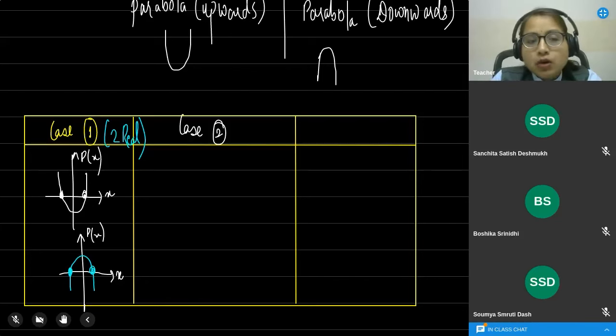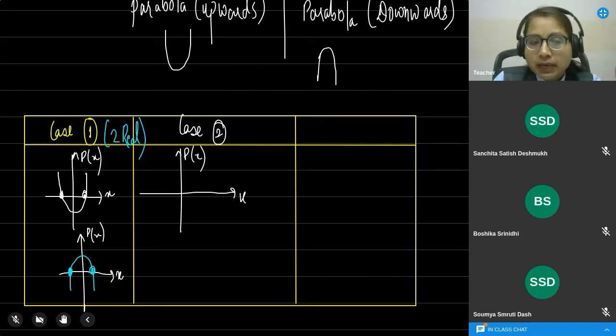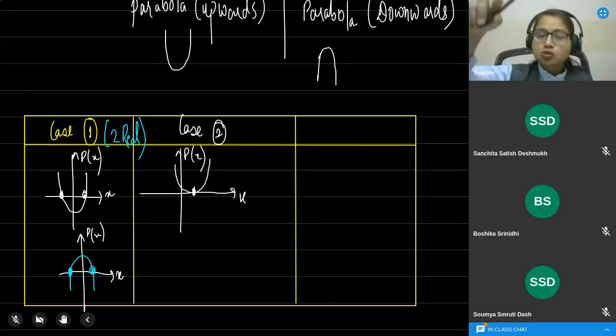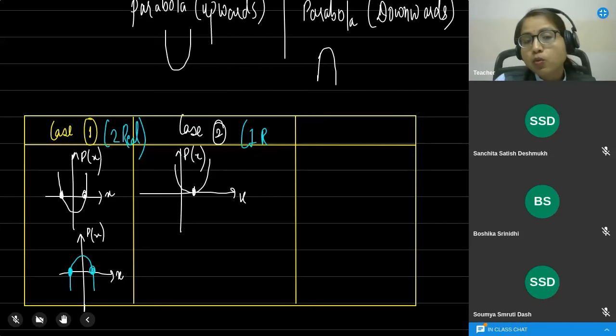Let us talk about case 2. Let's suppose now we have drawn the graph of a parabola. It is in the upper direction only, but it is just touching the x-axis at 1 point only. It's not cutting the x-axis at 2 points. It just touches at only 1 point. That 1 point is the one solution, or this is the case where there will be only one real zero.